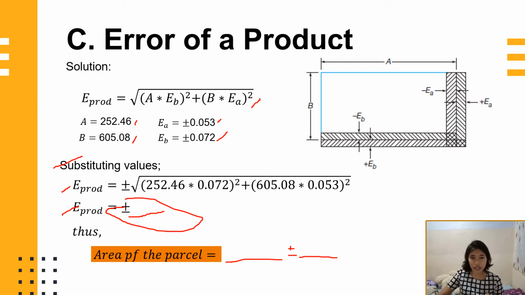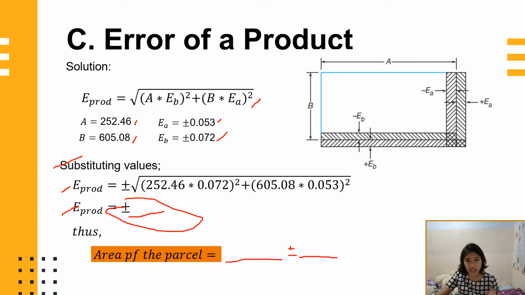Next, the error of the product is very easy only if there are only two variables, or two independent variables. What if we employ three or more independent variables? For example, when computing volume, we use the length, the width, and the height of a certain three-dimensional object. Another case is trigonometric leveling, where we employ trigonometric functions, so more than two variables.